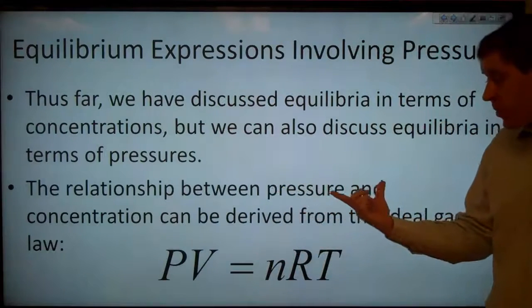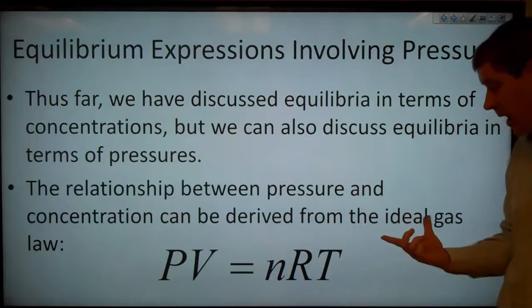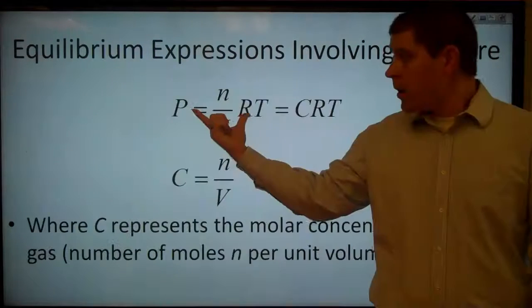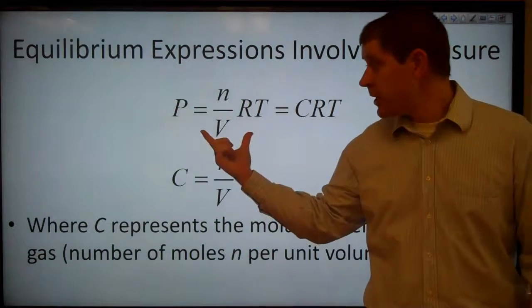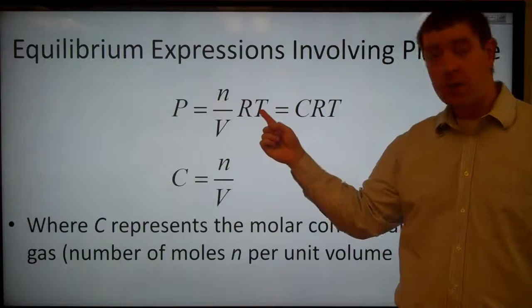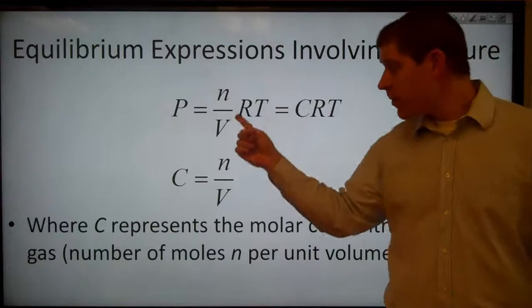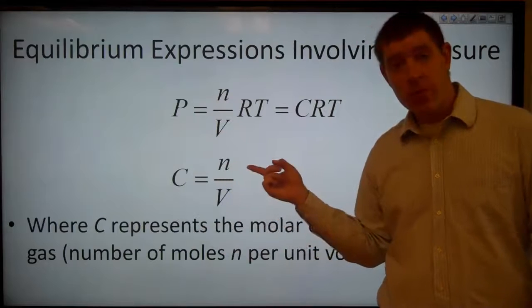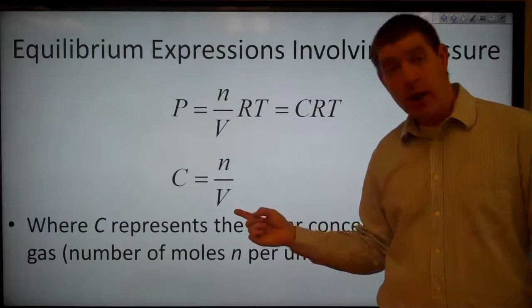The relationship between pressure and concentration can be derived from the ideal gas law, PV equals nRT. If we rearrange PV equals nRT to give us pressure, P is equal to n over V times RT. Well, n over V is concentration. Remember, n is the number of moles, V is the volume.